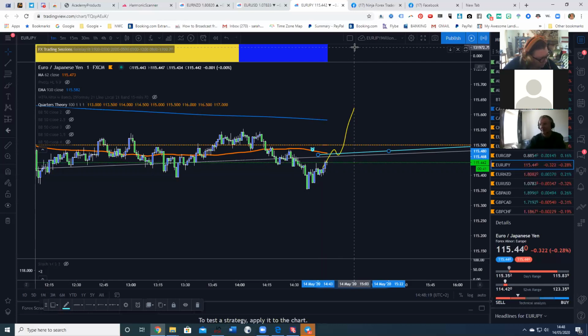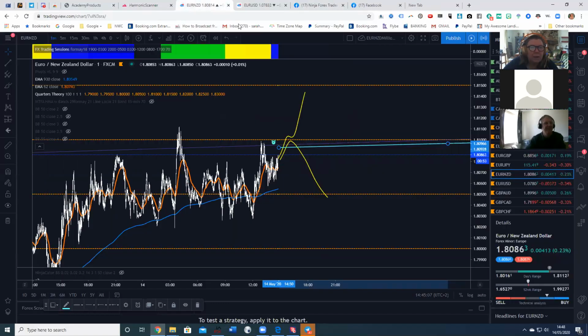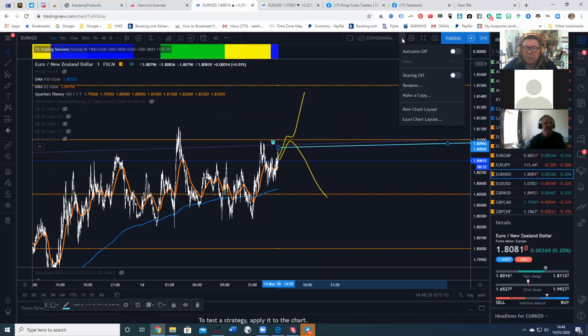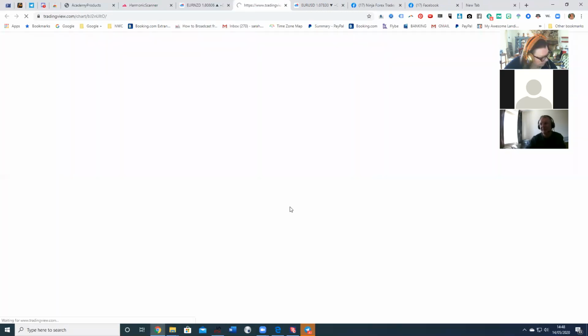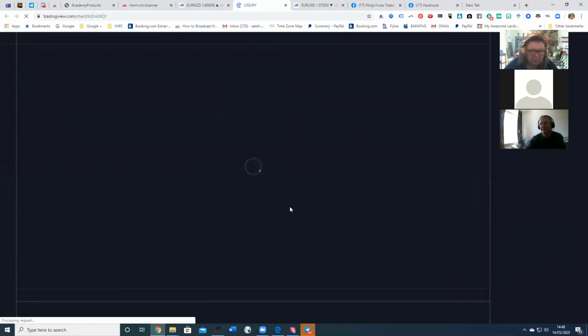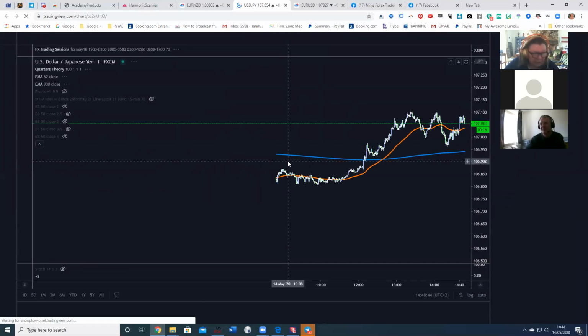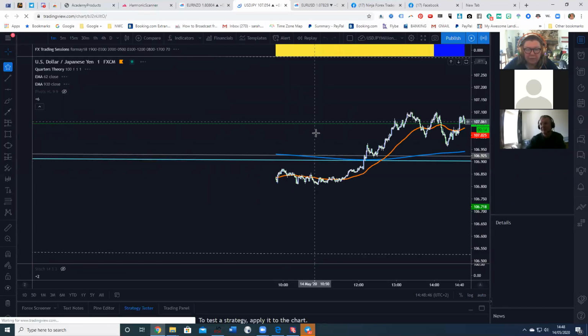So that's Euro JPY, nothing there at the moment till the alert goes off. I haven't got any others actually loaded at the top. USD JPY. So there's some to watch for us there from this session.